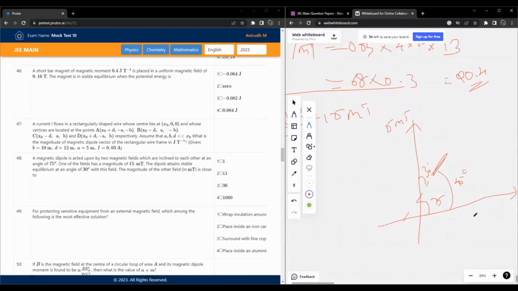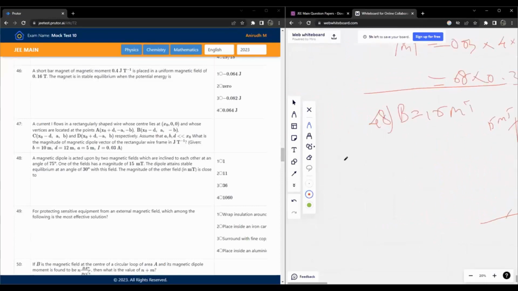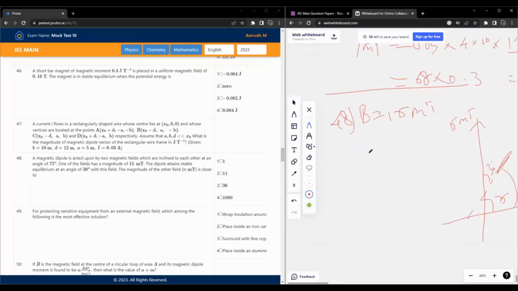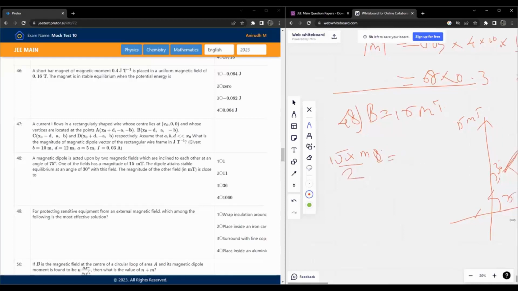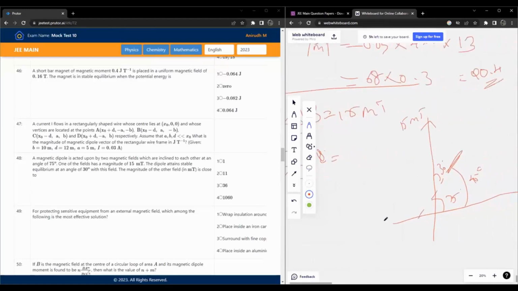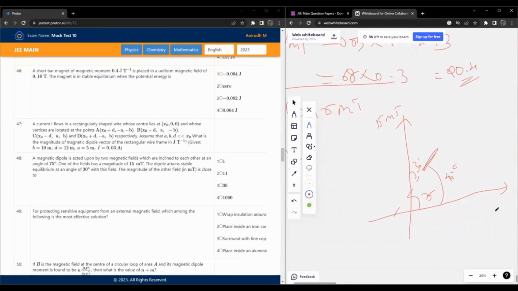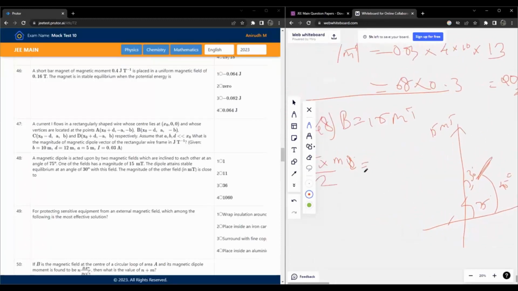So field B1 exerts torque MB1, which is basically torque of 15 into M, and that into sine 30, that is divided by 2, and this is balanced by the counter torque produced by the second field of magnitude B1, let's say, right? Because this is in equilibrium.